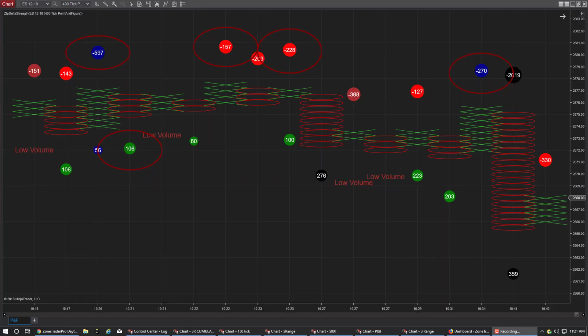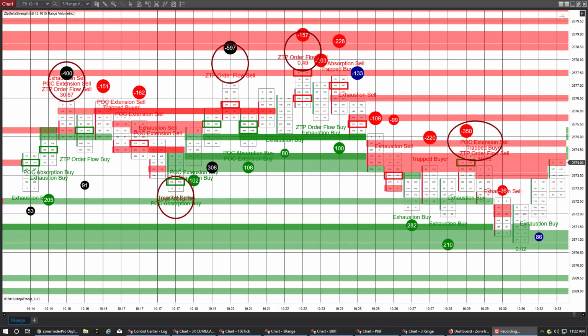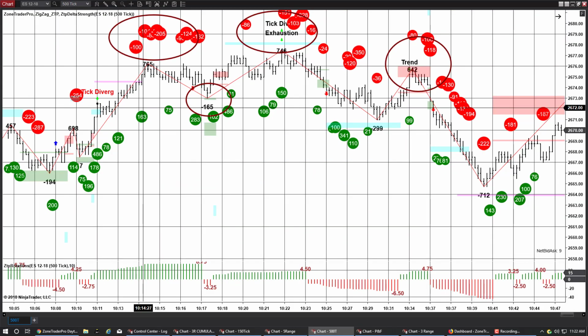I wanted to see divergence where we have an up bar but a negative delta strength number on the point and figure chart. And last but not least, I wanted to see order flow patterns and delta strength numbers on the 5 range chart.